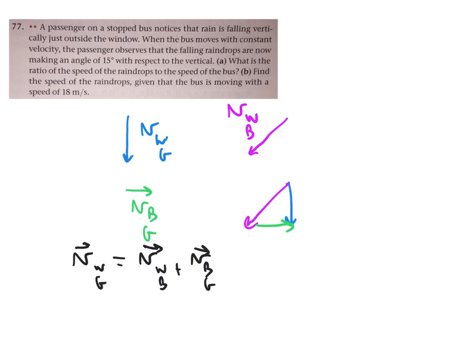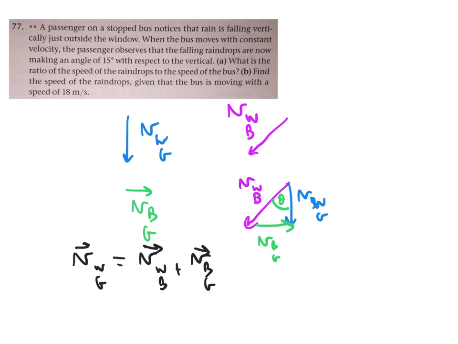And then they say we make an angle to the vertical of 15 degrees, so that angle is 15 degrees. And we can write in all our vectors. We can say this is VBG, and this is VWG, and this is VWB.